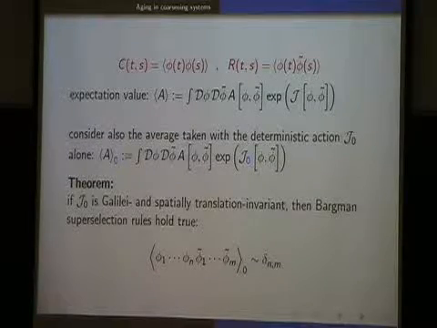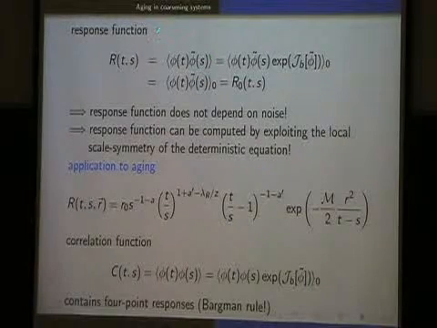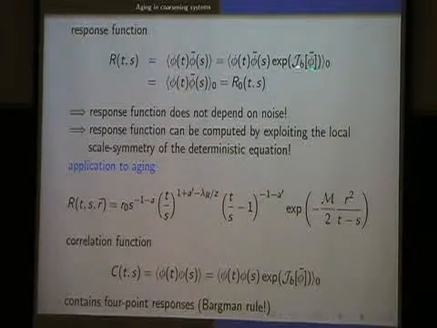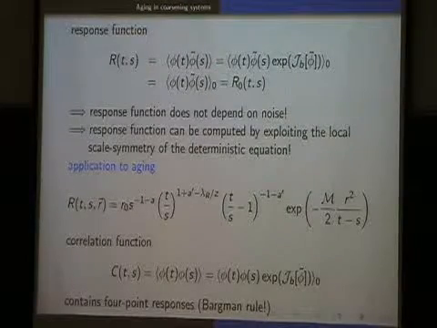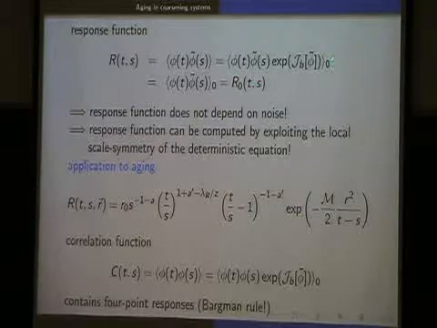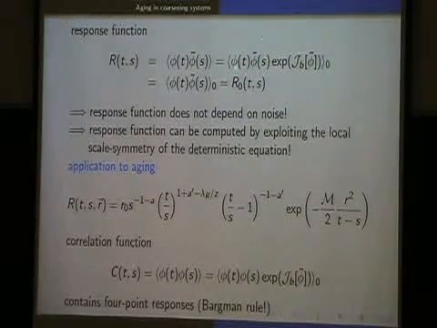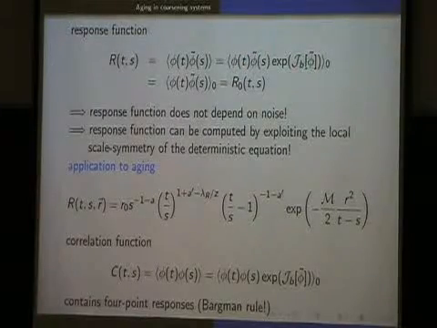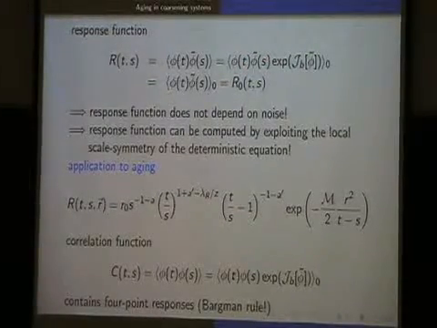So let's look at the response function first. The response function, we can have this term here. And now instead of making the average with respect to the full action, I make the average with respect to the deterministic action, which means I now have the average of phi times phi tilde times the exponential of the part of the action which comes from the noise.